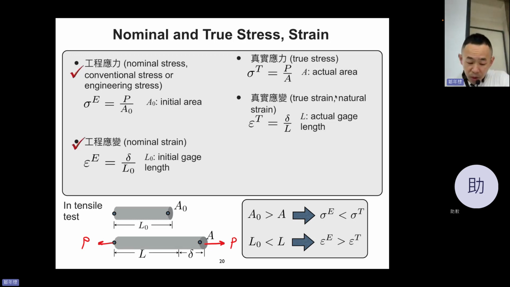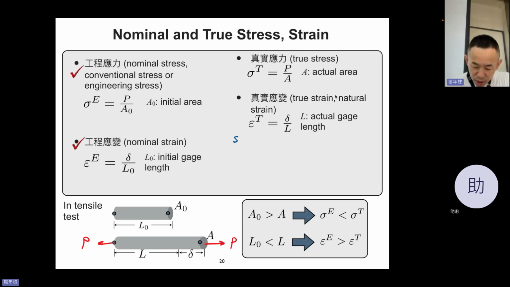So you can imagine that the true strain will be the infinitesimal strain at each loading step, and then accumulated together. So you need to do more like integration.